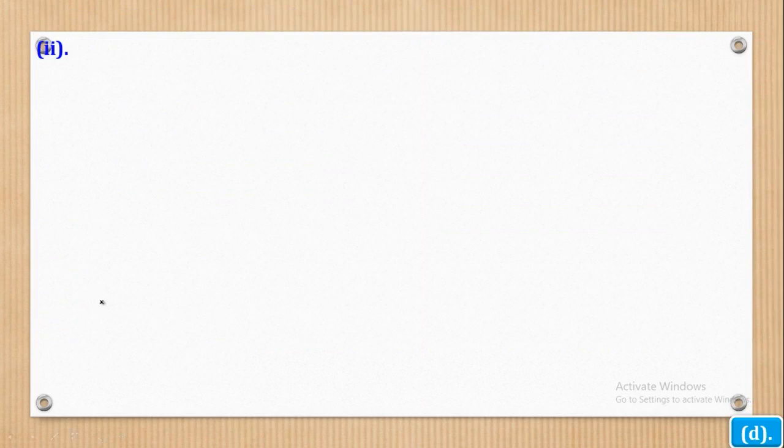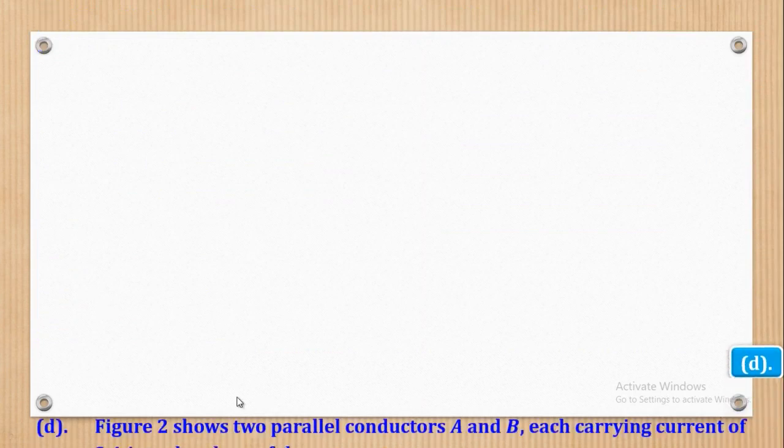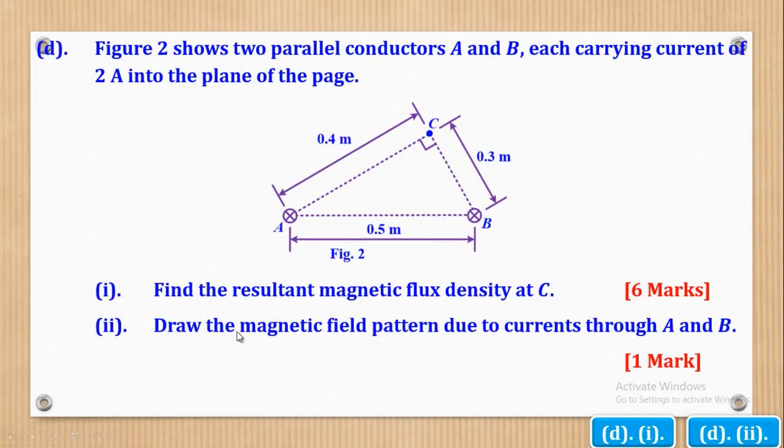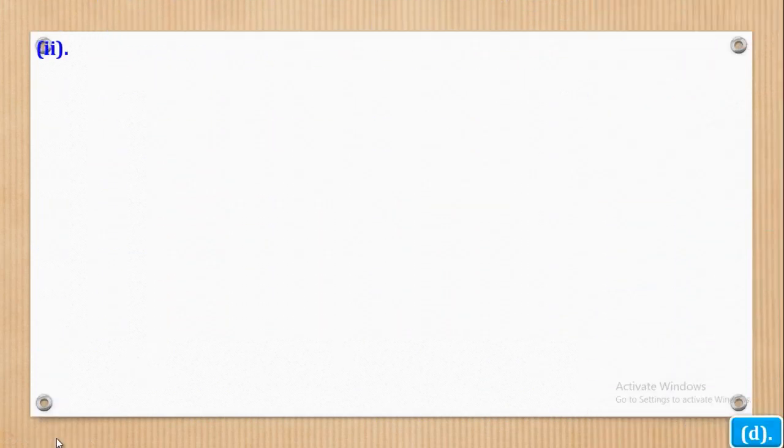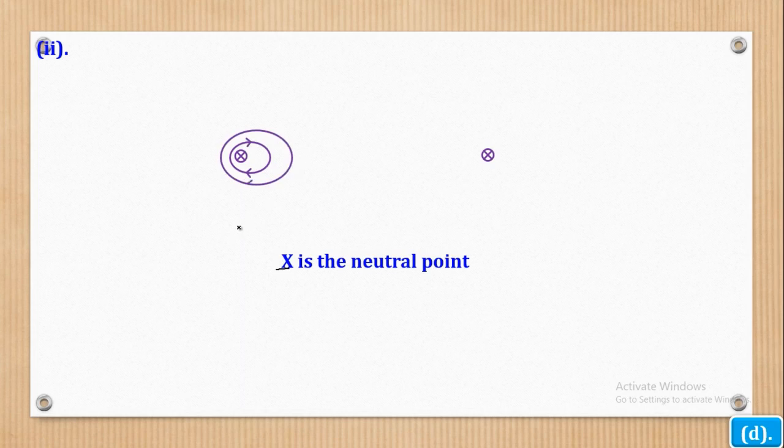Now we shall go to part D, Roman 2. Roman 2, they said draw the magnetic field pattern due to currents through A and B. So if X is the neutral point, then you can now go ahead and draw, and we locate X as the neutral point.